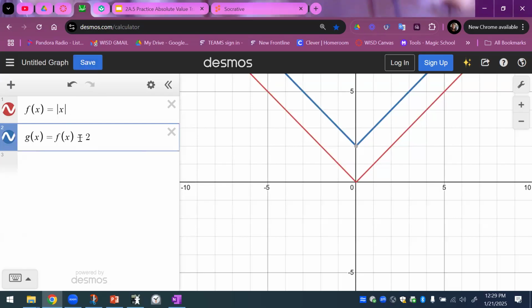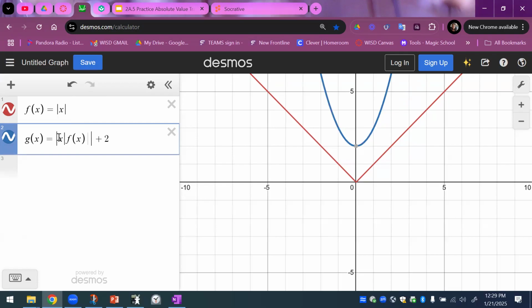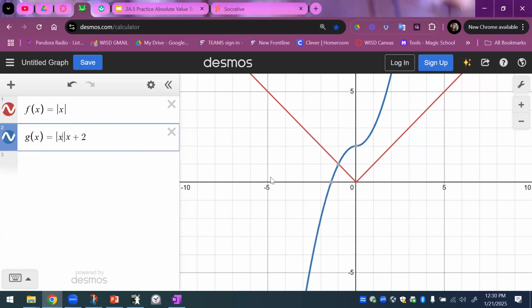So you can write it that way because I'm only moving the parent function, or you could just write it as absolute value of x plus 2. Same thing, because it's just substituting in what f of x is. Does that make sense? Okay. All right. So what did it cause it to do? Shift up 2 units. Make sense?